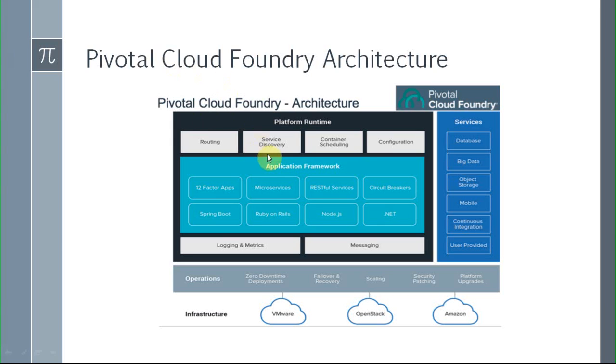And here you see another kind of service for discovery. So you don't want your services to depend on each other. For example, one service depends on another service based on its port or IP in a static manner.